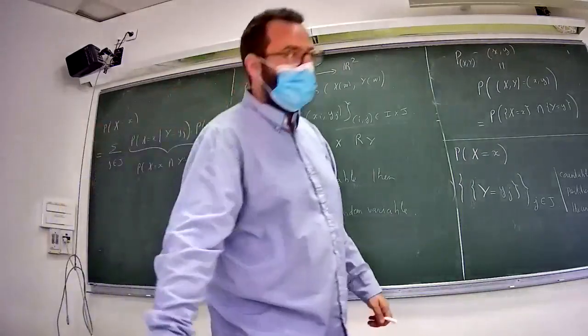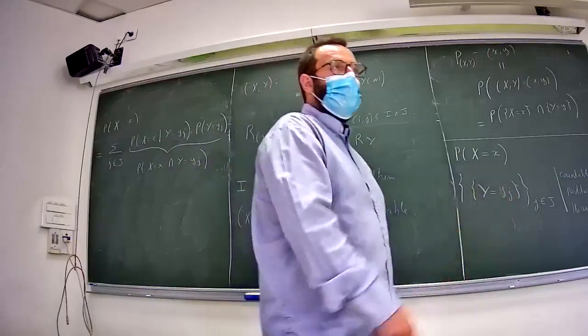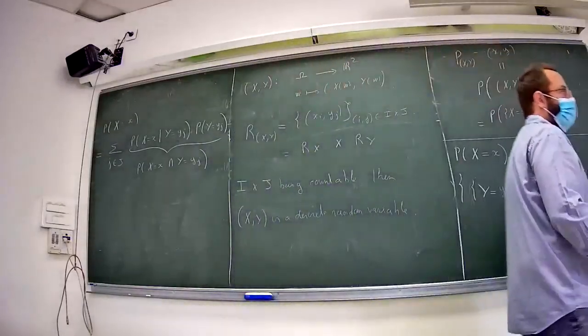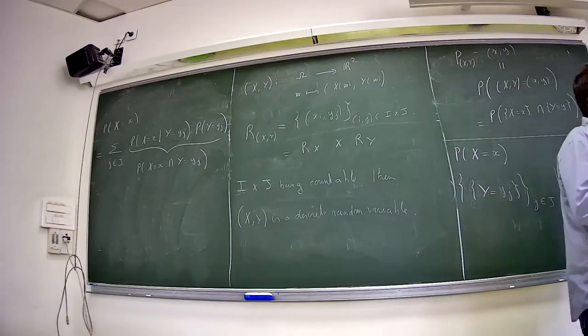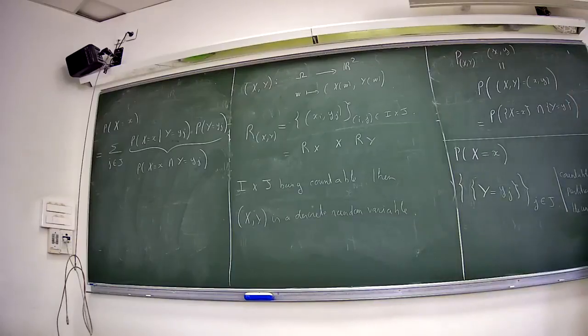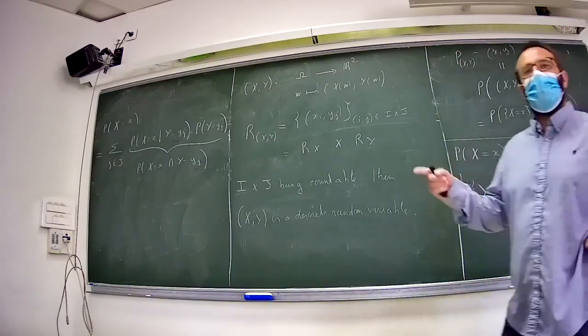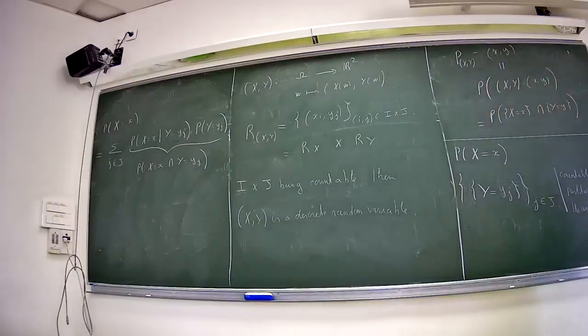And if you do the converse, it's exactly the same proof. P of y, the probability mass function of Y, will be recovered doing the sum of the joint distribution over the set of all the possible values for capital X.